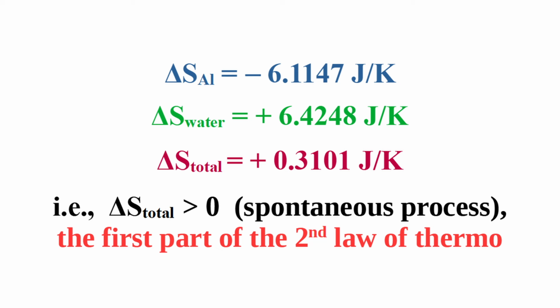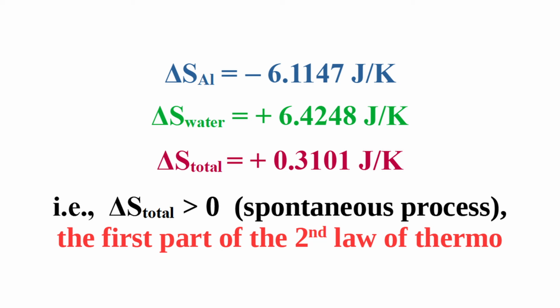Delta S water equals positive 6.4248 joules per Kelvin, and delta S total is positive 0.3101 joule per Kelvin, as we calculated earlier.